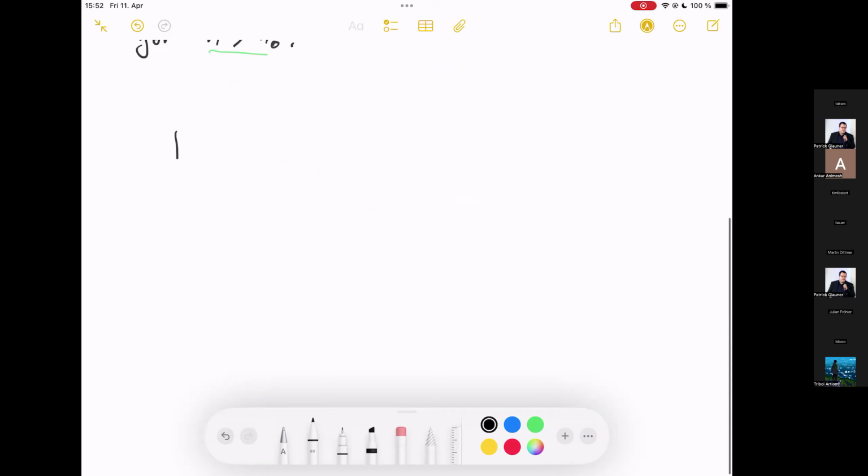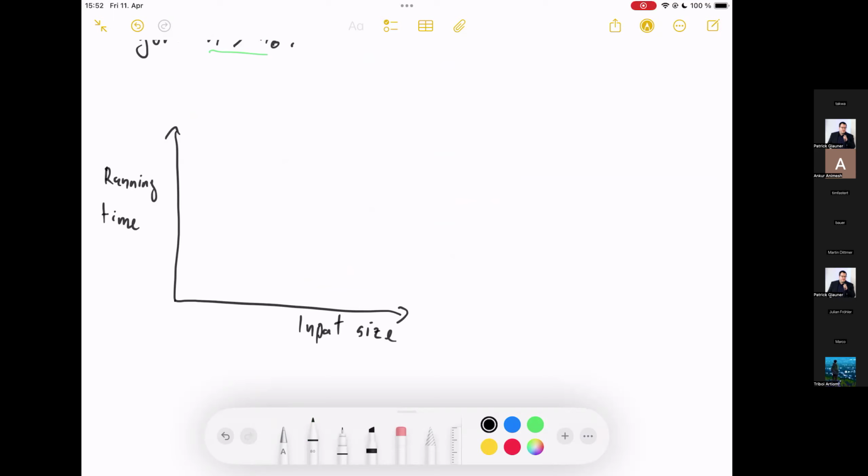So we can have the input size on the x-axis, and we will have the running time, in terms of the primitive operations later. And we say that f of n is O of g of n.